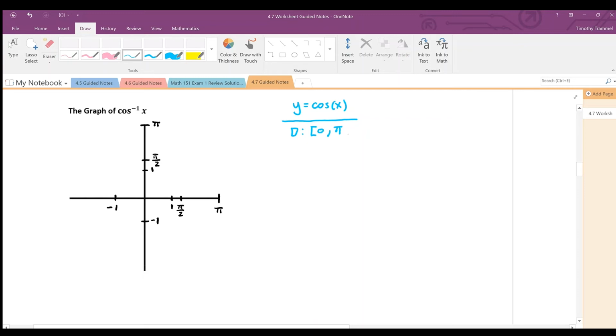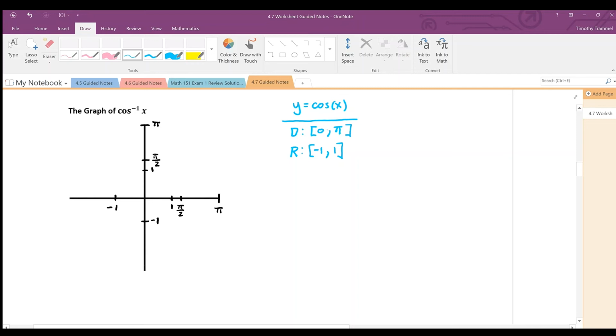If we tried to use the same interval, minus pi over 2 to pi over 2, that we use for sine inverse, we wouldn't be able to pass the vertical line test. Okay. So this is key here. This is why the domain, we've chosen it to be 0 to pi. Okay. So next we have the range. And over this domain, we're going to cover all possible y values, minus 1 to 1.